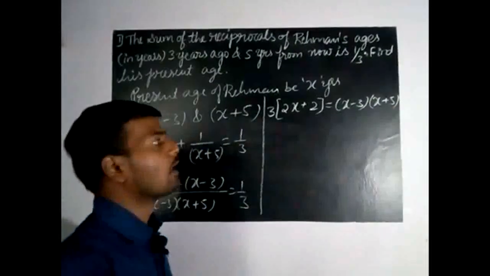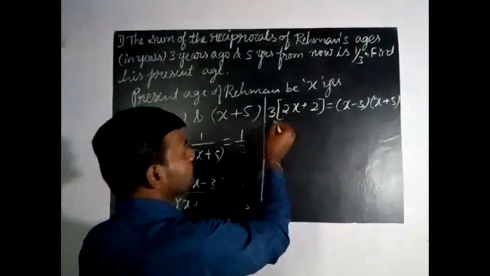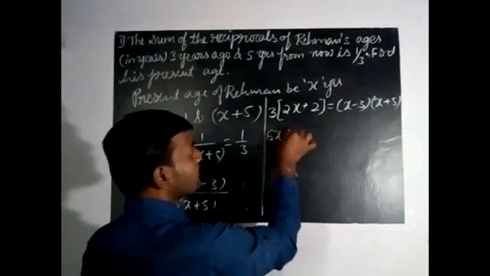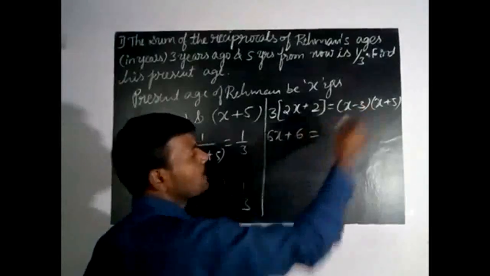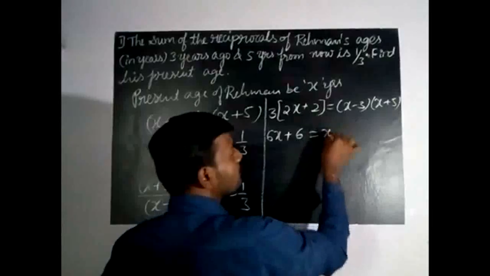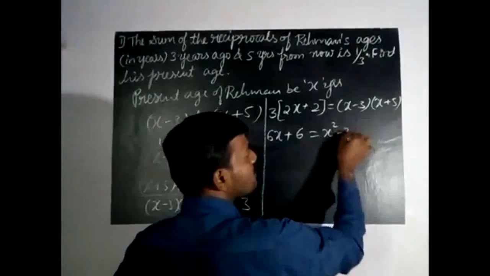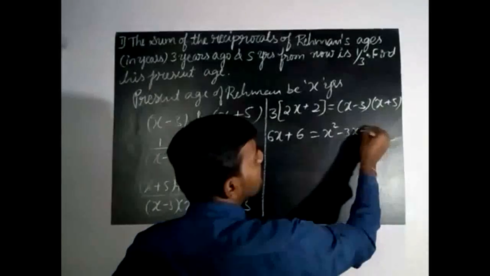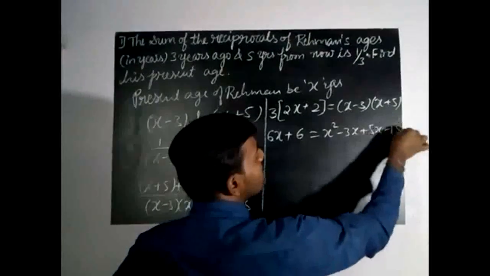Now multiply here: 3 twos are 6, so 6x plus 6 is equal to binomial by binomial multiplication. Doing that, we get x square minus 3x plus 5x minus 15.